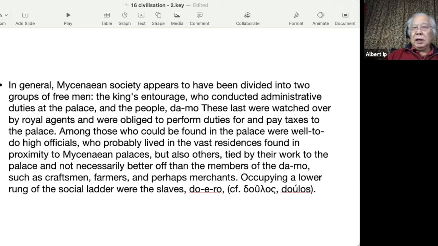So again, slaves were there. Whether there was mobility of slaves into other classes, I don't know. Sometimes slaves can never move along the social classes.